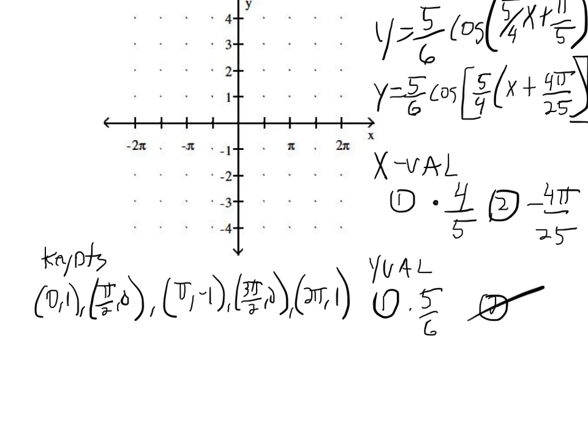Now, we need to take each x value, like 0. The x value, we need to first multiply by 4/5. 0 times 4/5 is 0. Then we need to subtract 4 pi 25ths. 0 minus 4 pi 25ths is minus 4 pi 25ths. The y value of 1, we need to first multiply by 5/6, and we get 5/6. And that's it, 5/6.